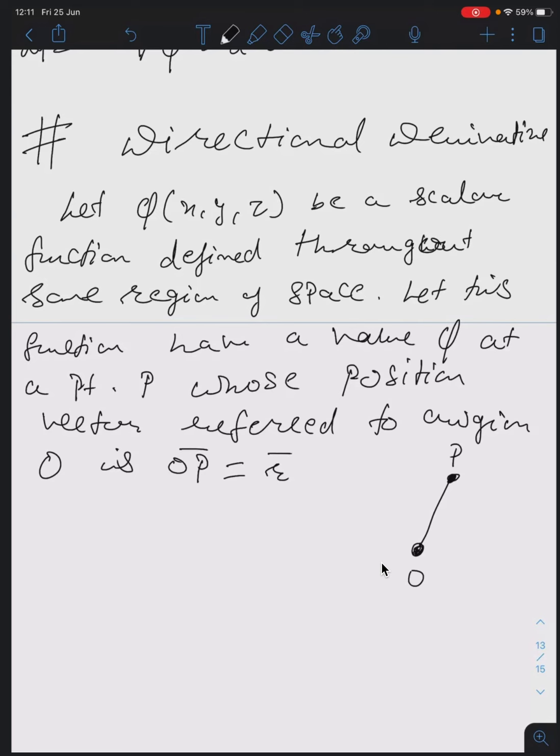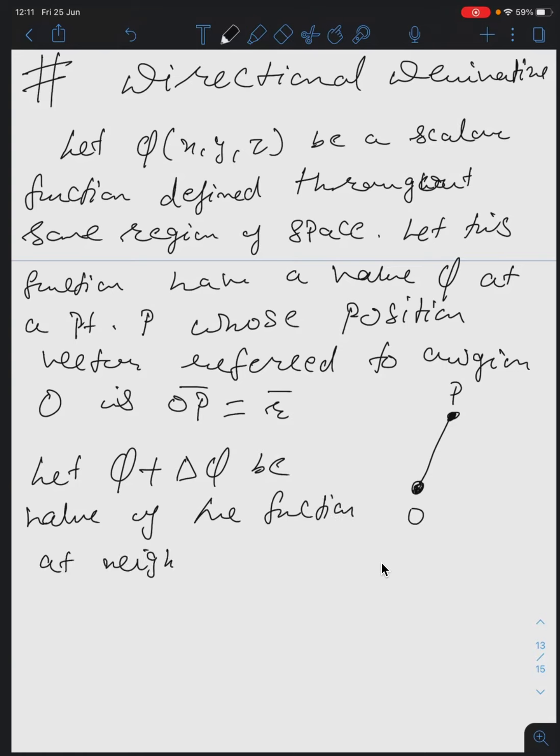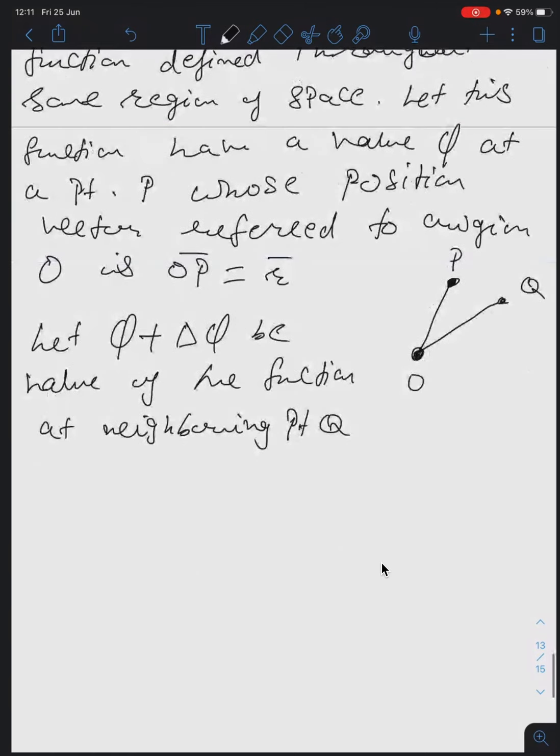Now let us take phi plus del phi be the value of the function at neighboring point Q. So there is another point Q here. So what will be this OQ bar?